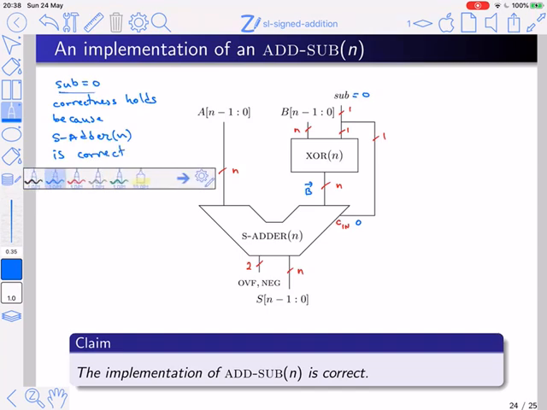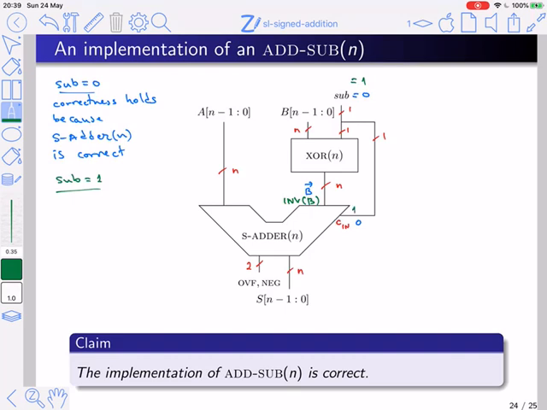Now let's consider the case in which the subtract bit is 1. If the subtract bit is 1, then here we're inserting a 1. We're doing a bitwise XOR with a 1. This gives us not B, the inversion of B. And here we're inputting a 1.